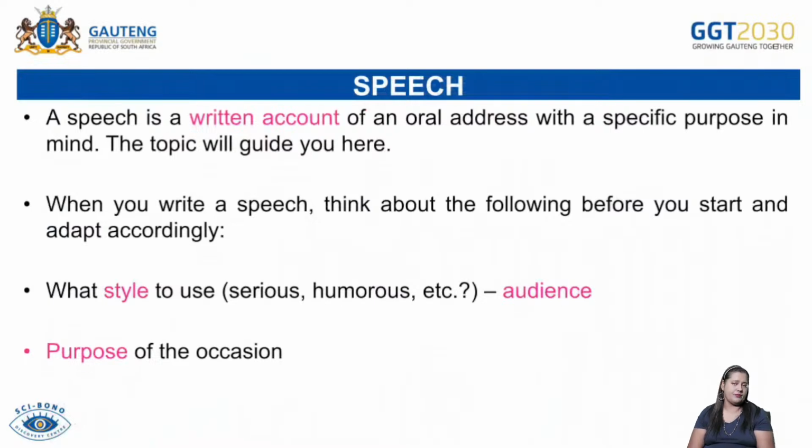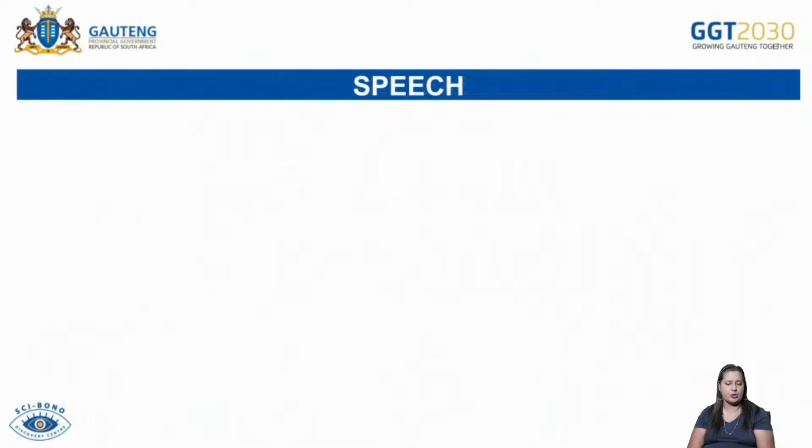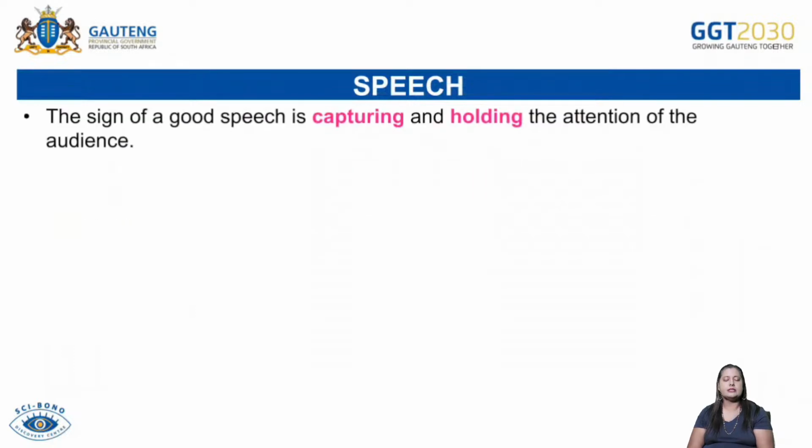And then the purpose of the occasion. So are you there as an RCL rep, for example, or are you going to write a speech for the minister to talk about an issue? That kind of thing is very relevant, and you need to obviously take note of that. So your purpose is very important. Now, the sign of a good speech is that you can capture the attention of the audience.